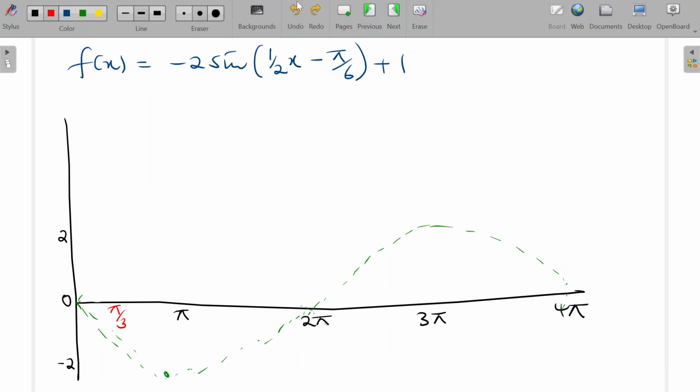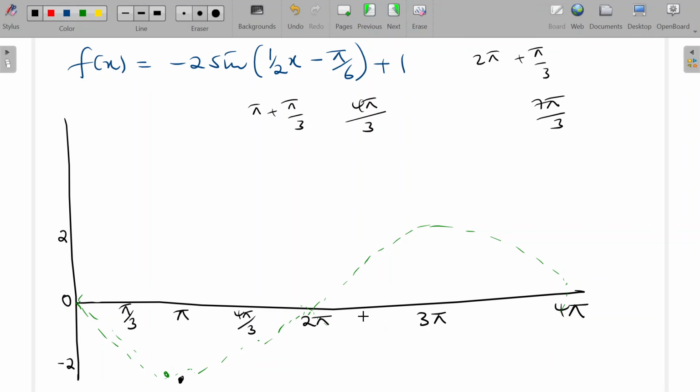Here it will be pi over 3. Then this other critical point, you add pi plus pi over 3, which is 4 pi over 3. Here it's going to be 4 pi over 3. And then here again, 2 pi plus pi over 3 will be 7 pi over 3.